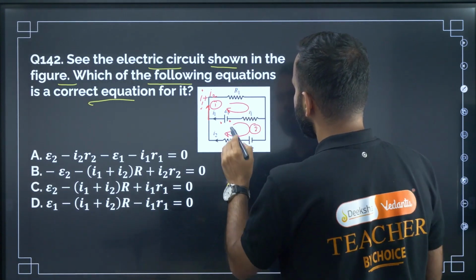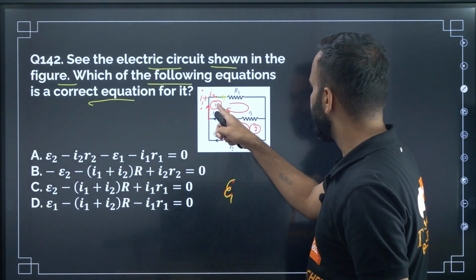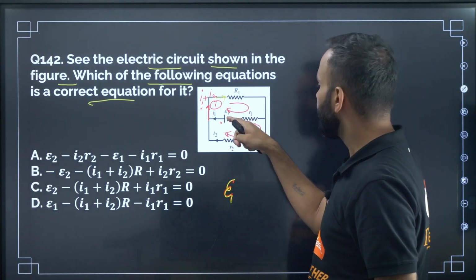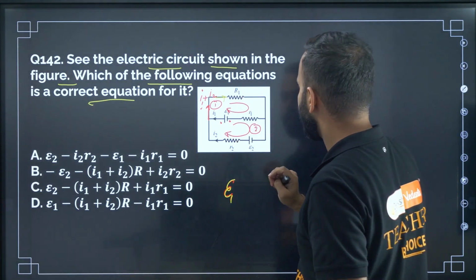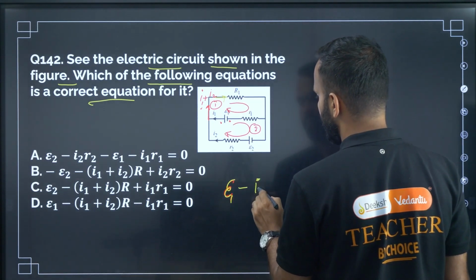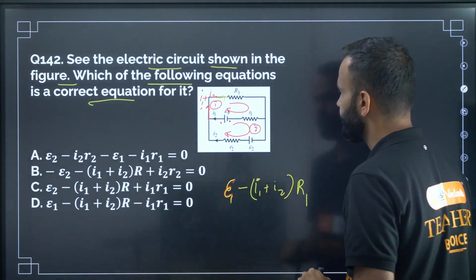Next, this is the direction of the current. The direction of the current and the direction of the loop are the same, right? So the potential difference across R1 will be minus (I1 plus I2) into R1.